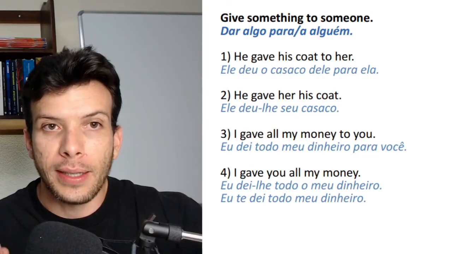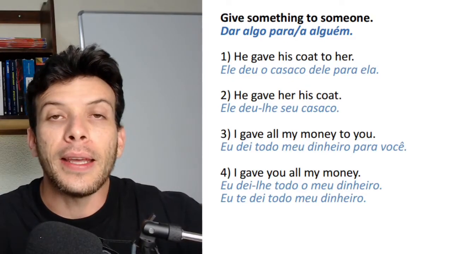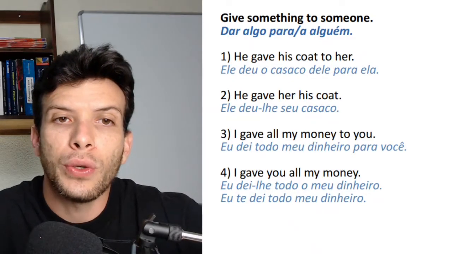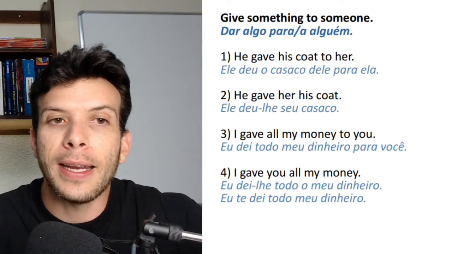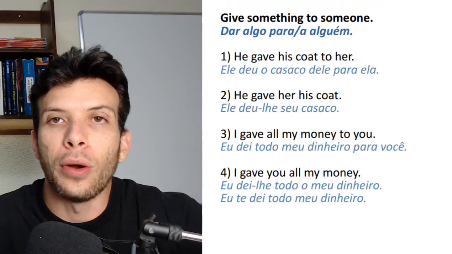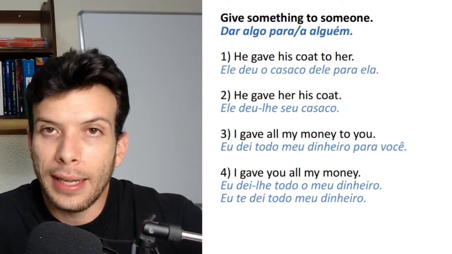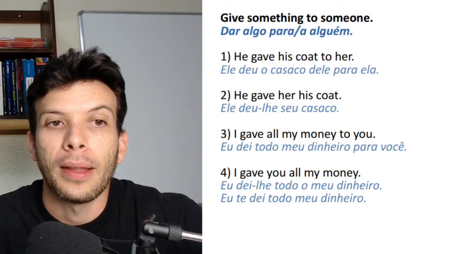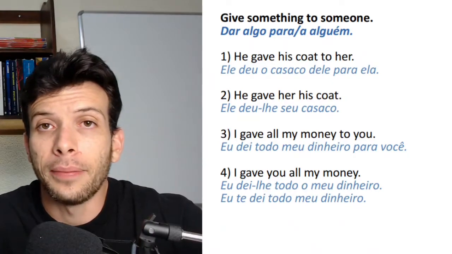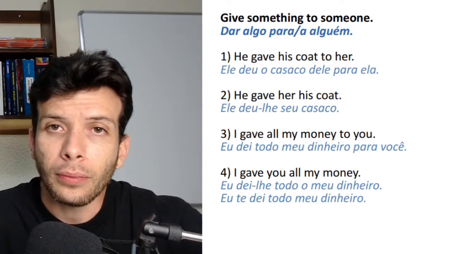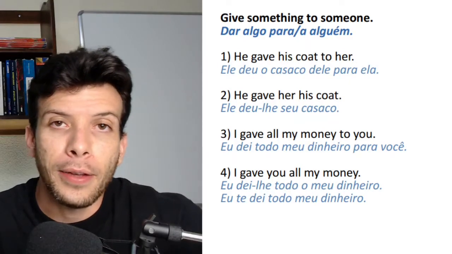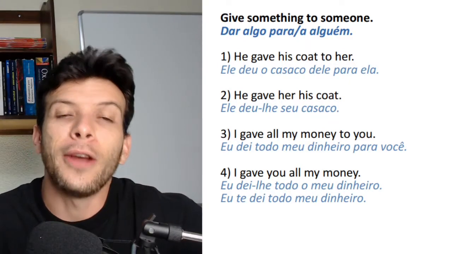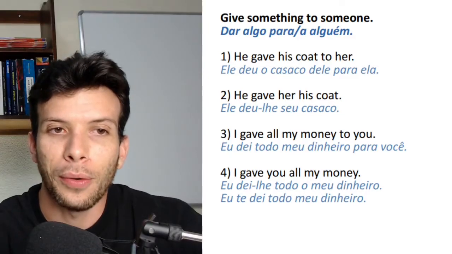So, sentence number 1. He gave his coat to her. Translating, we have, ele deu o casaco dele para ela. Okay? So, I could also say, ele deu-lhe seu casaco.